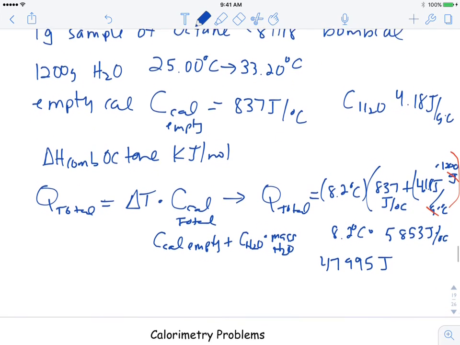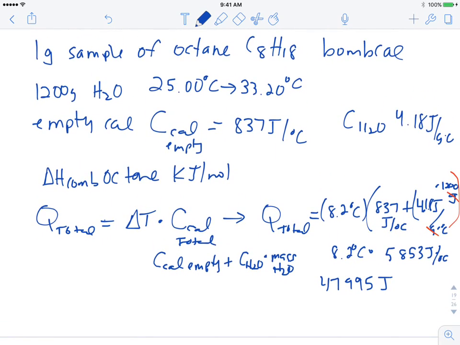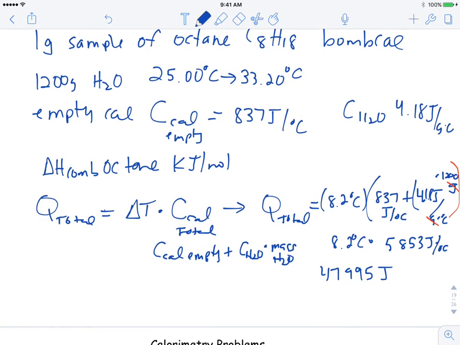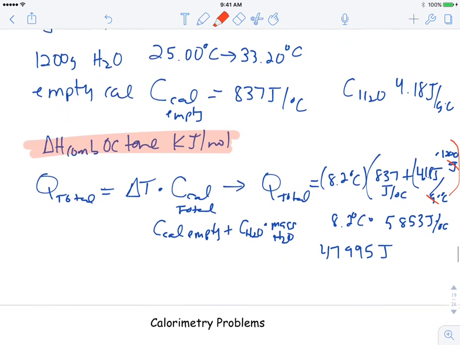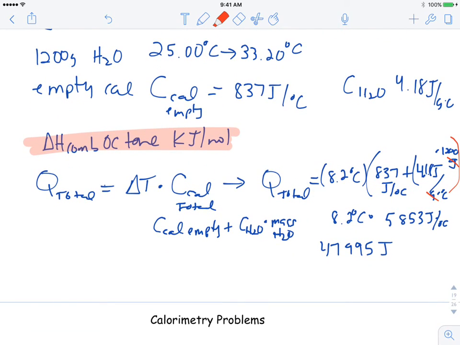Now remember, what the question was asking me for, and I'll highlight this, is the heat of combustion of octane in kilojoules per mole. So now it's just a matter of figuring out what we have here. We have our 47,995 joules. Let's change that to kilojoules, times 1 kilojoule for every 1,000 joules.